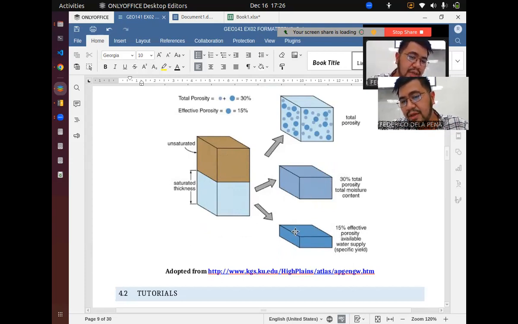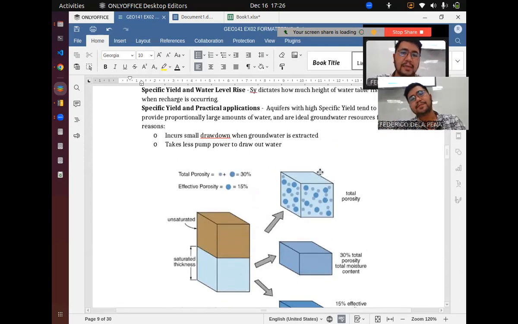And then you also have another portion, which is your specific yield, or the amount of water that will be readily given up by the aquifer once you start draining it out, by the use of a pump or by gravity drainage.